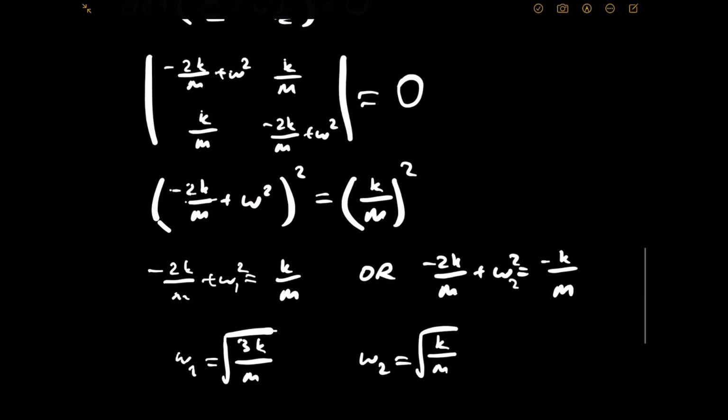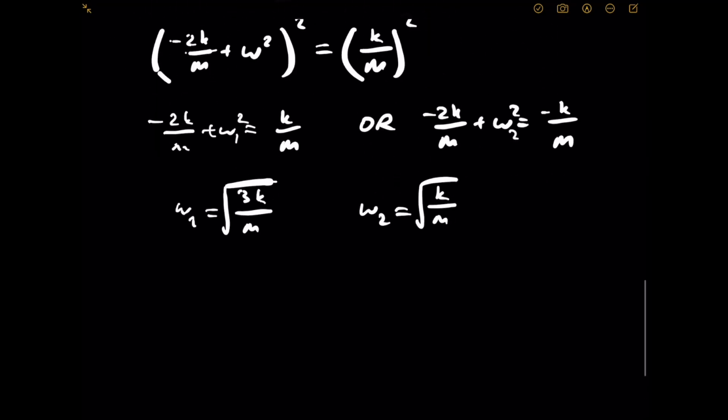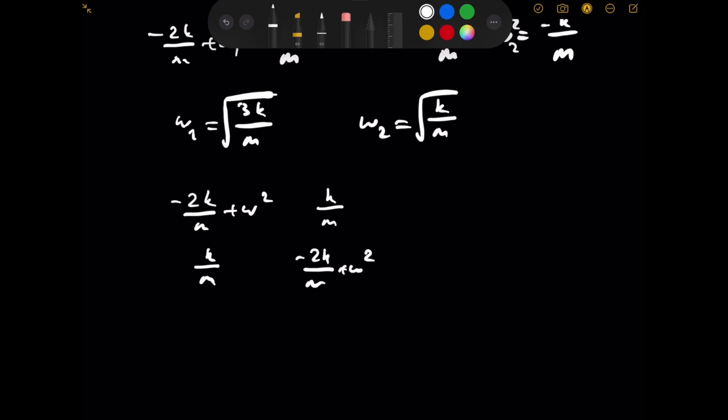So if we just consider the equation as it was, the equation was minus 2k over m plus omega squared, k over m, k over m, minus 2k over m plus omega squared, and then you had x1 and x2 equal to 0.